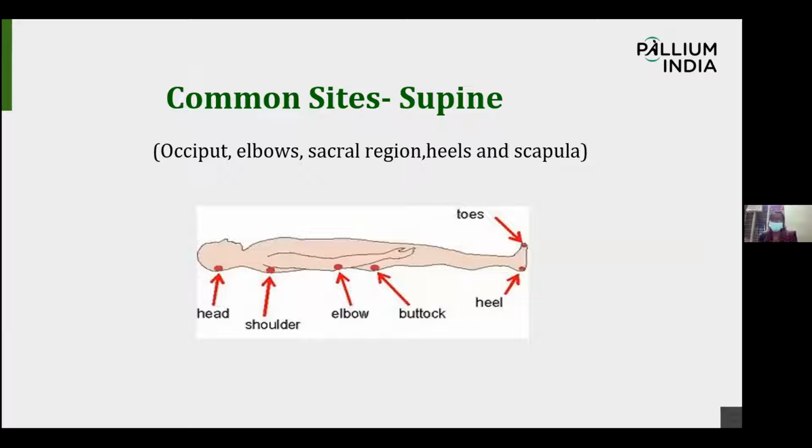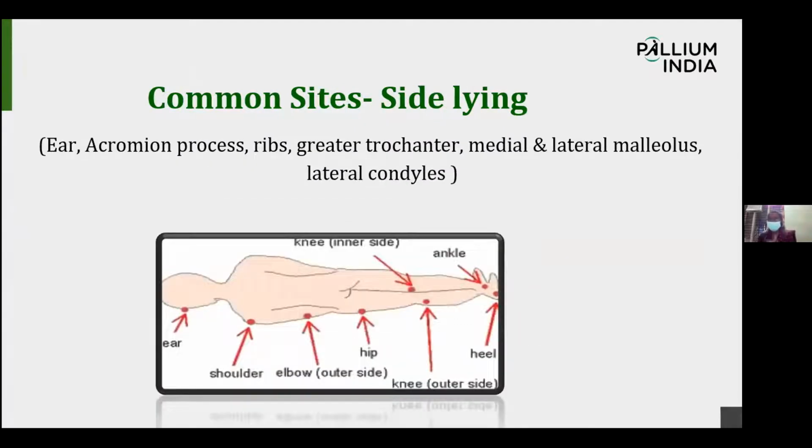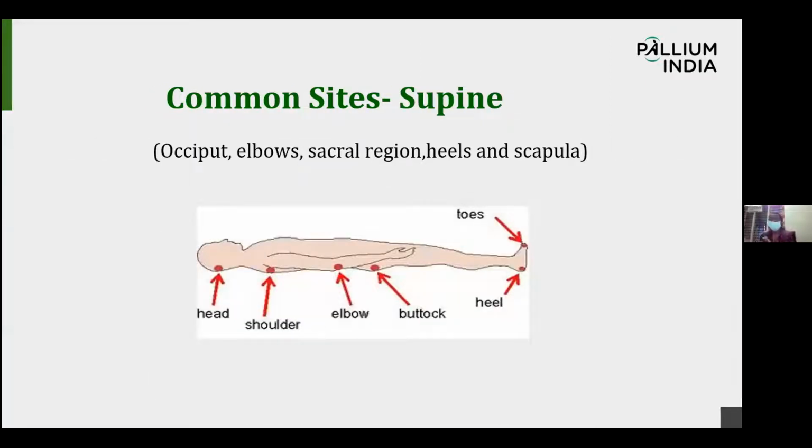After 2 to 3 hours, we have to change the position from supine to left lateral or right lateral position. When we do so, you have to give special attention to those areas: whether there is any color change, any peeling of the skin. You have to check all these things.